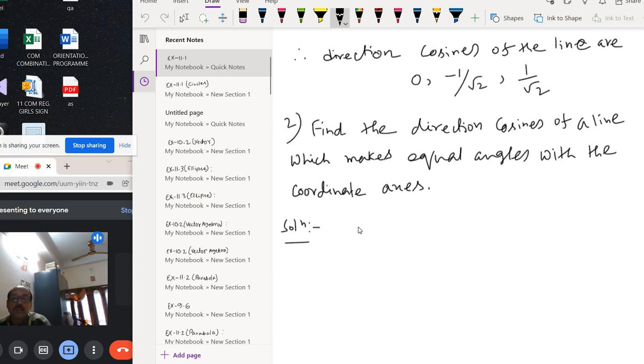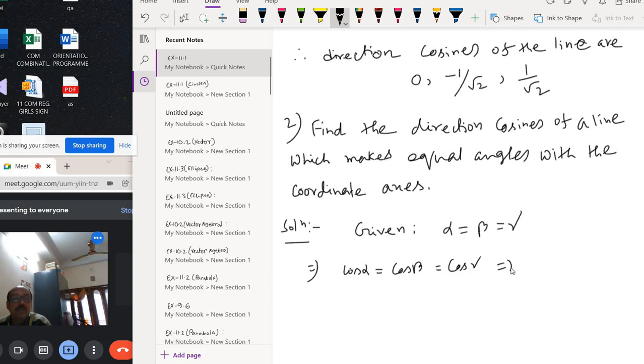So it is given alpha equal to beta equal to gamma, that is cos alpha equal to cos beta equal to cos gamma.